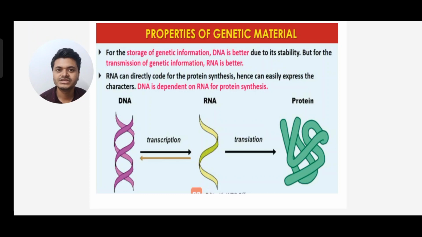When RNA is converted to DNA, that is called reverse transcription, and it takes place by the enzyme reverse transcriptase. So again I repeat, when RNA is converted to DNA, it uses the enzyme reverse transcriptase. The entire process of transcription and translation is called the central dogma.